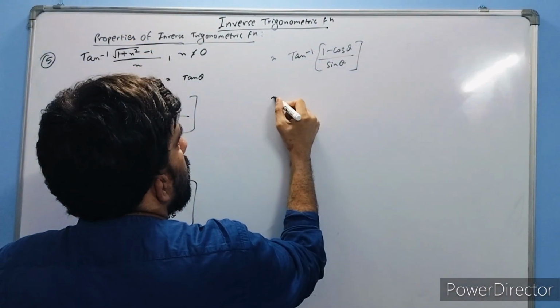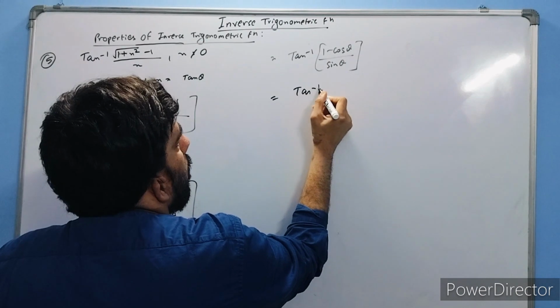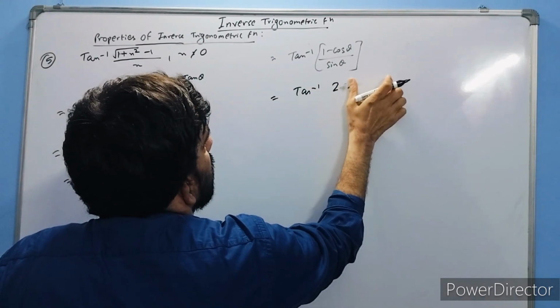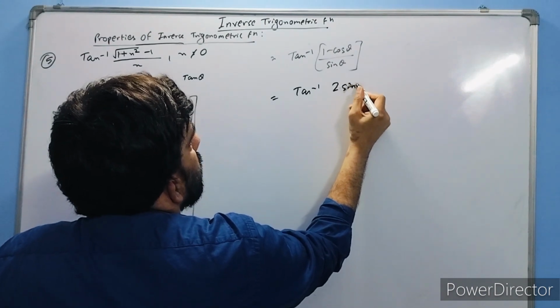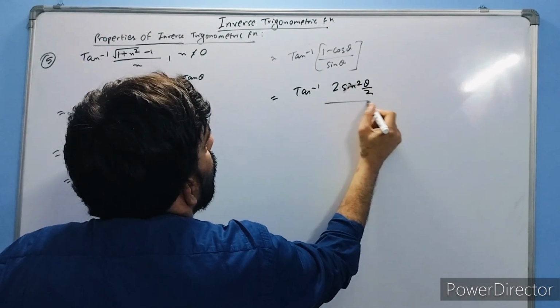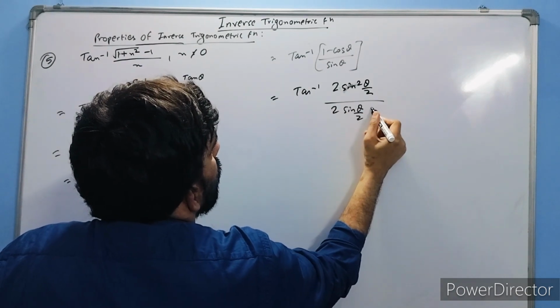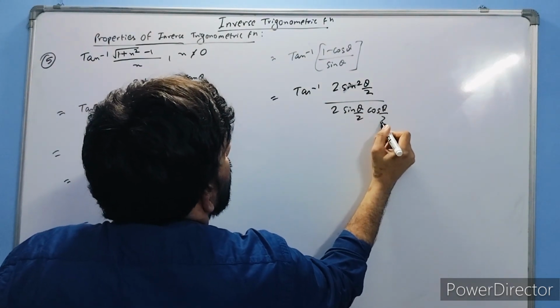Now we have this tan inverse, so I can write 1 minus cos theta as 2 sin square theta by 2, and sin theta as 2 sin theta by 2 and cos theta by 2.